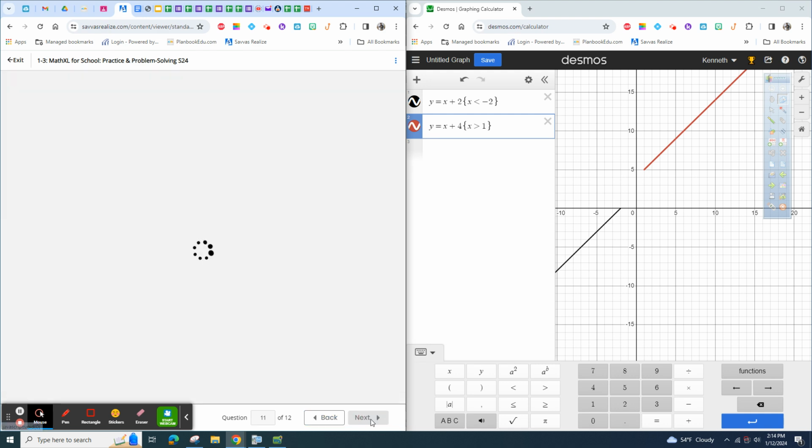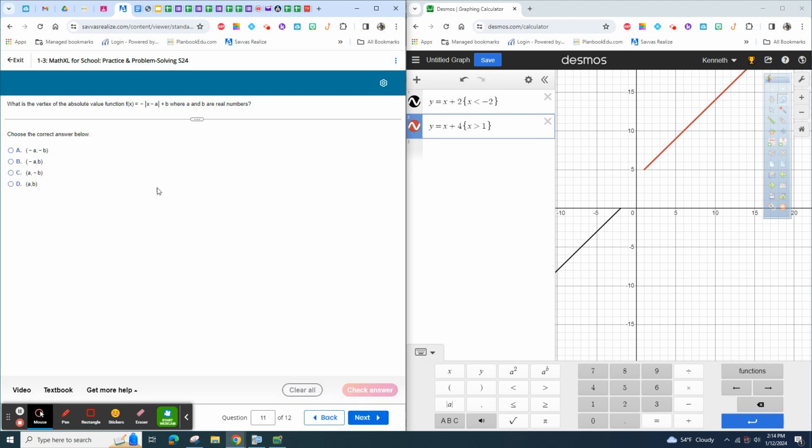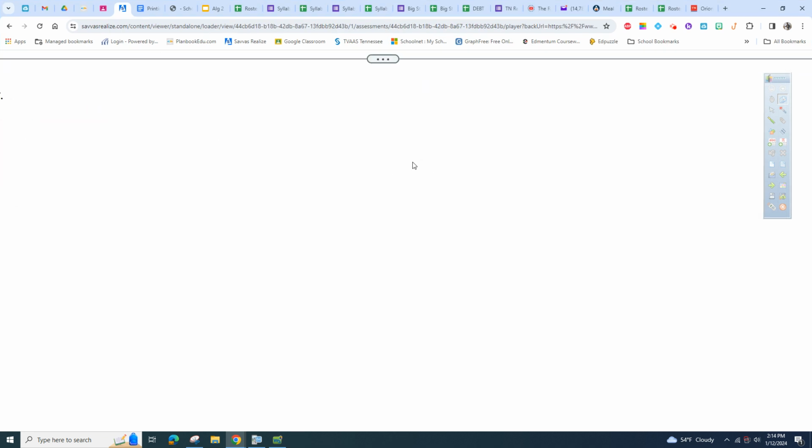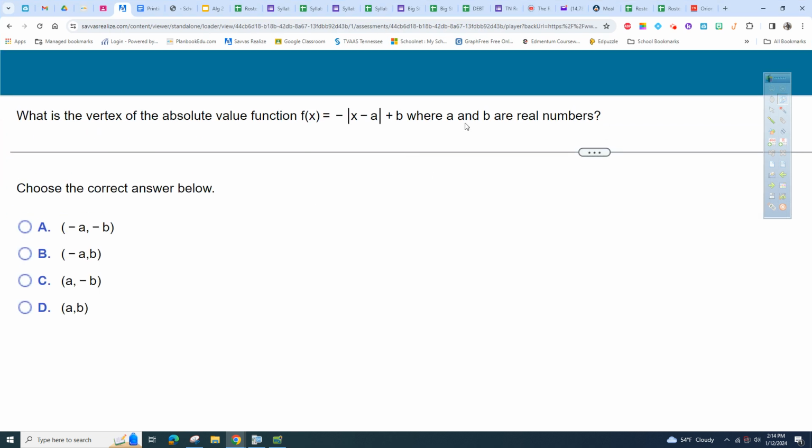So let's go on to 11. We're getting there. This one's so straightforward, easy. It just simply says, given this, A and B are real numbers, what's the vertex? Well, whatever's sitting here, it looks like it's negative A, but it's going to be positive A. And then the outside is just like it looks.